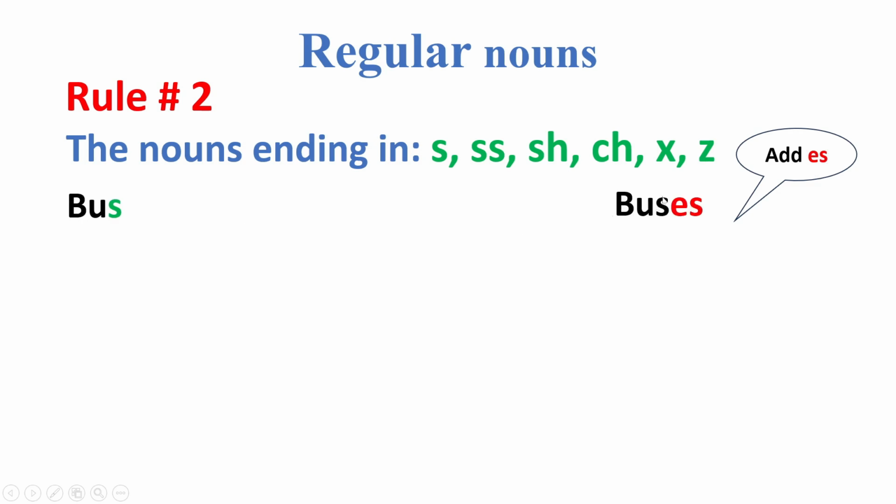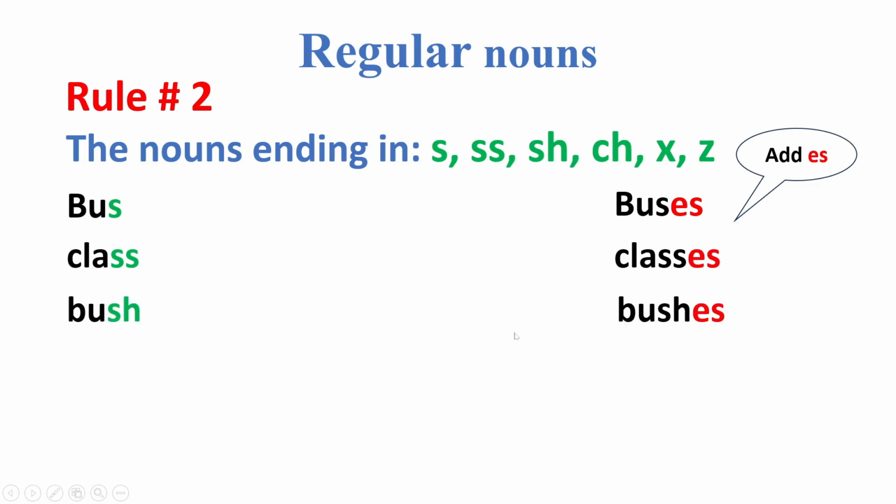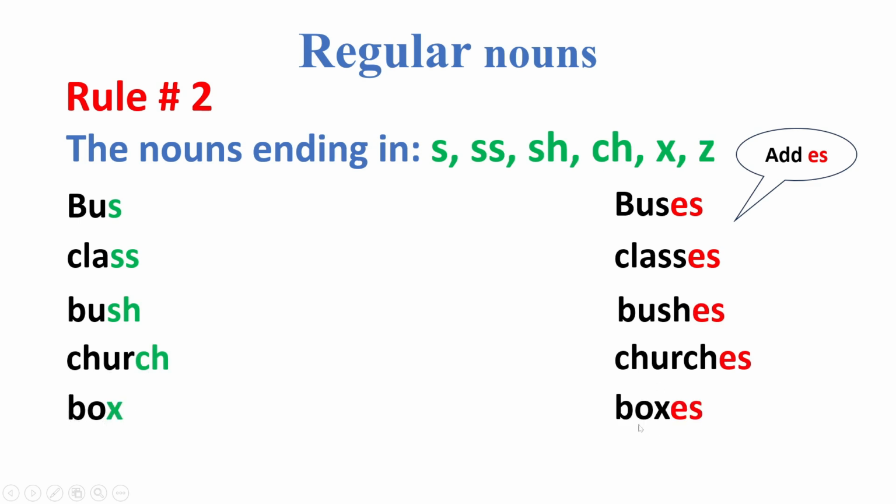You see, the noun bus ends in s, so we add es to make it plural. Class, classes, bush, bushes, church, churches, box, boxes, quiz, quizzes. It's very easy. You just need to remember if a noun ends in one of these letters, add es.